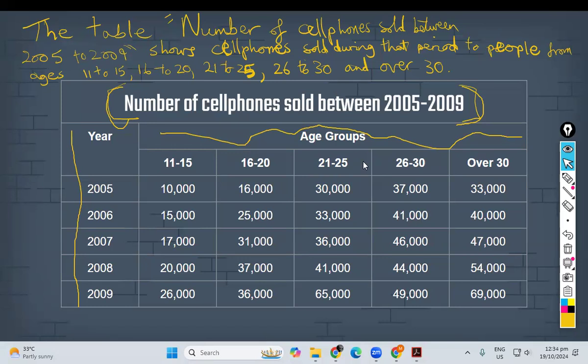So if you just have 11 to over 30, does that mean you have information for 11-year-olds and then for 12-year-olds and for 14-year-olds? We don't know, right? So at some point you will have to tell us, and I would prefer if it's in the beginning. Even if it's not the first sentence, and you want to do the second sentence and say the age groups are 11 to 15, 16 to 20, whatever, okay, right? But it has to come early on.